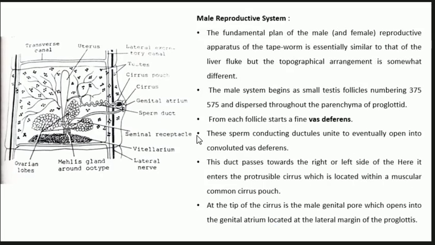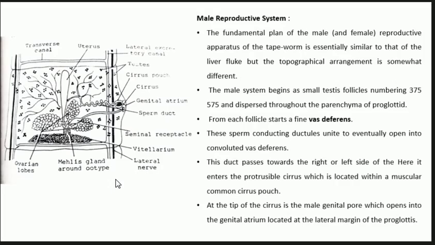So in the male reproductive system, what is present? Okay, so the male reproductive apparatus takes a form essentially similar to that of liver fluke, but the topographical arrangement is somewhat different. So the male system begins as small testis follicles, numbering 375 to 575 and dispersed throughout the parenchyma of the proglottid. From each follicle start the fine vasa efferentia.